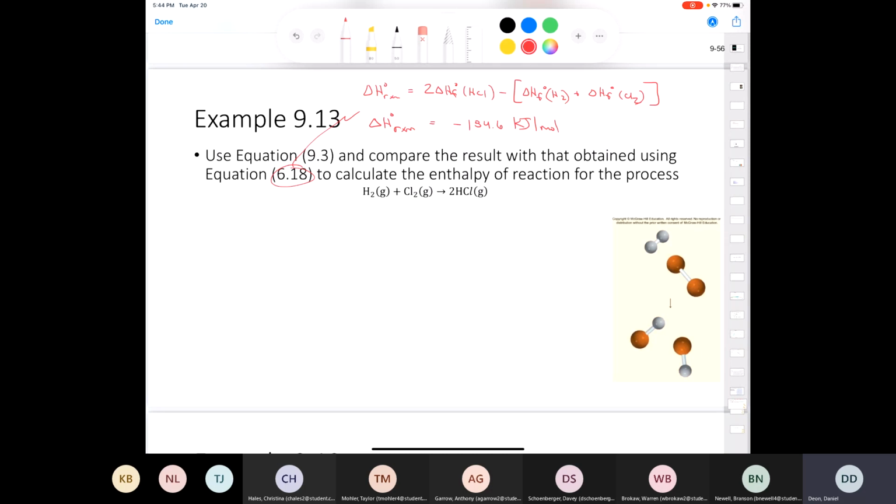I'm not going to reteach chapter 6 tonight. But if you use equation 9.3, where we say that delta H naught for the reaction is equal to the sum of the bond enthalpies of the reactants, subtract the sum of the bond enthalpies of the products, okay? We have to break one H2 bond, we have to break one Cl2 bond, and then we form 2 HCl bonds.